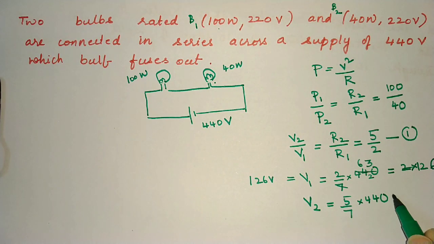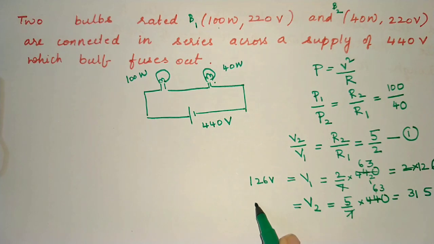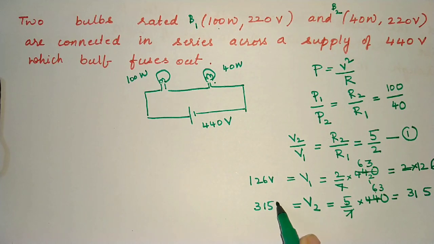What about V2? If I approximately take 63, 63 into 5. 5 3 is 15. 6 5 is 30 plus 1, 31. So V2 is getting 315 volts.